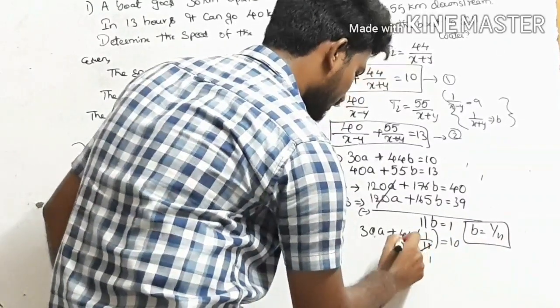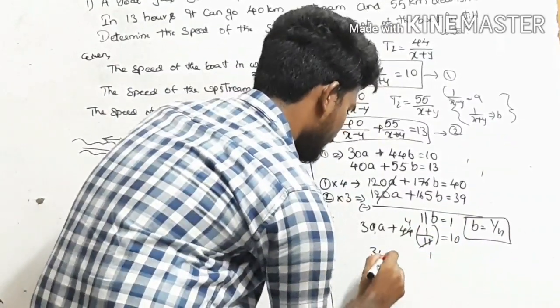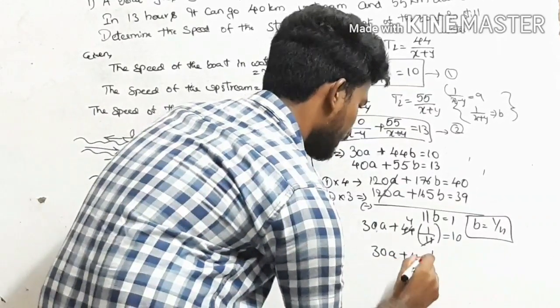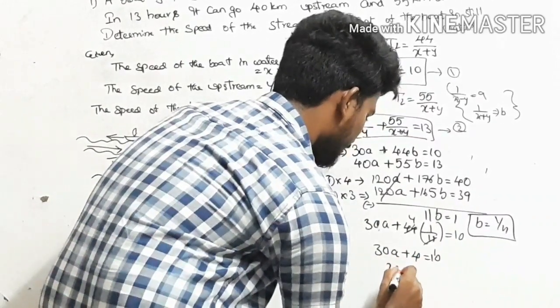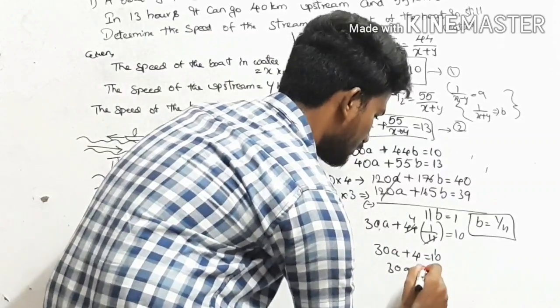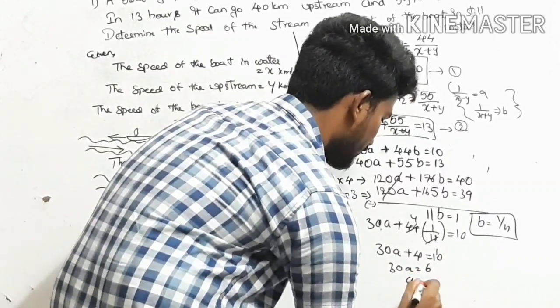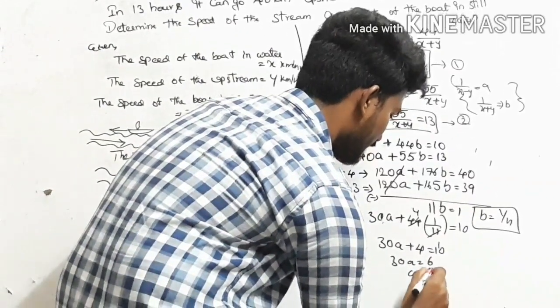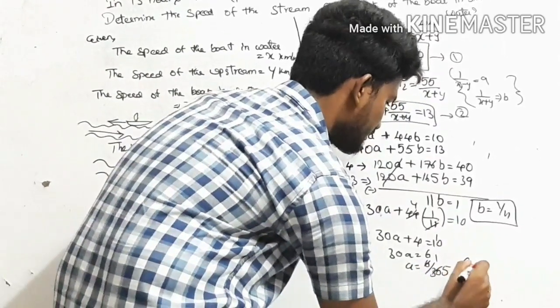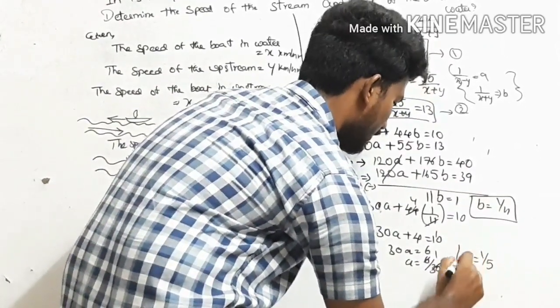Then 30a plus 4 equals 10, so 30a equals 10 minus 4, that is 6. a equals 6 by 30, that is a equals 1 by 5.